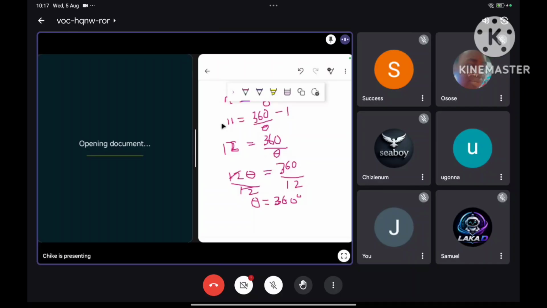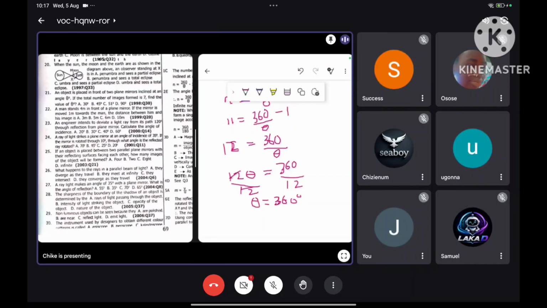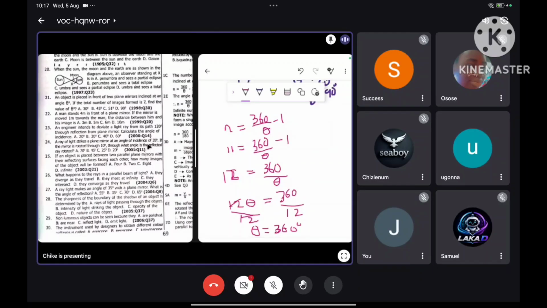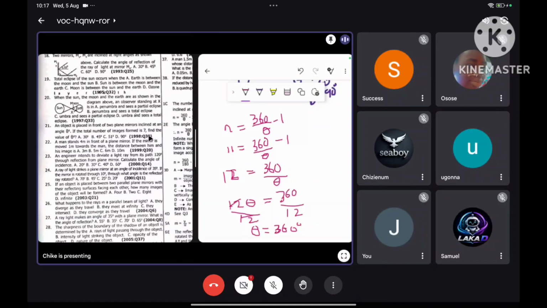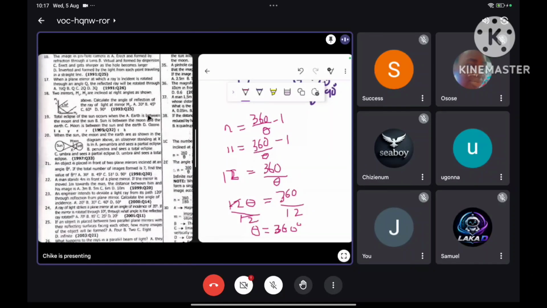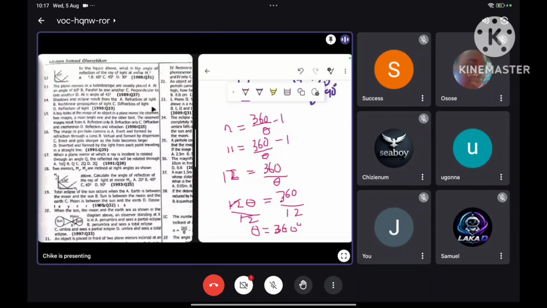So let's take one from JAMB and solve it. In my own opinion, any question on number of images formed is too easy. I think you should be able to get every question on number of images formed when 2 mirrors are inclined.